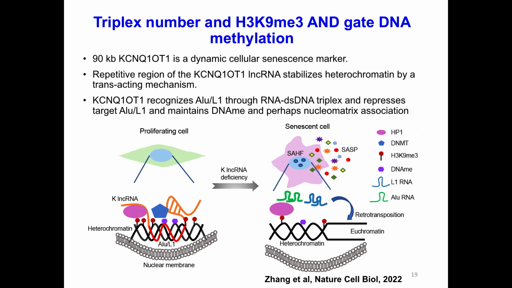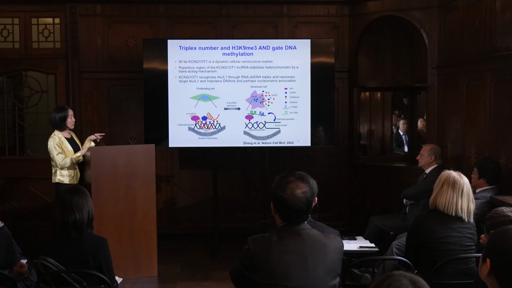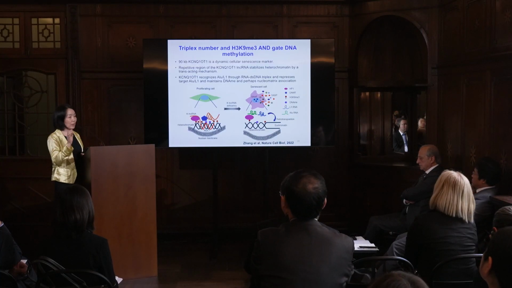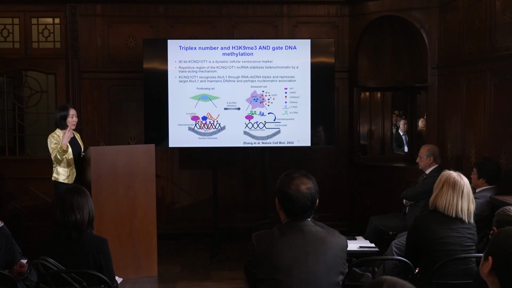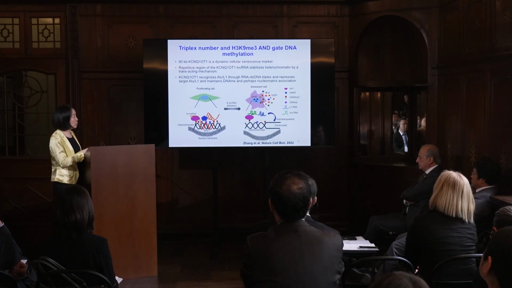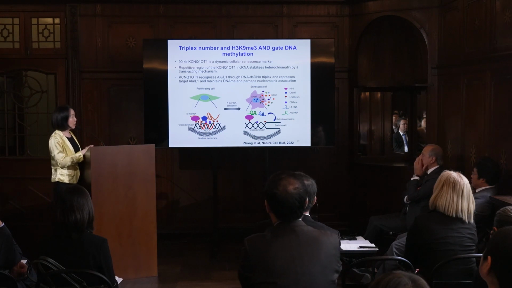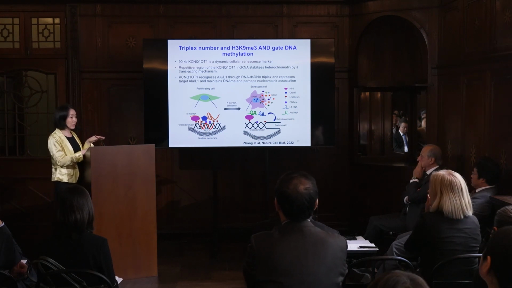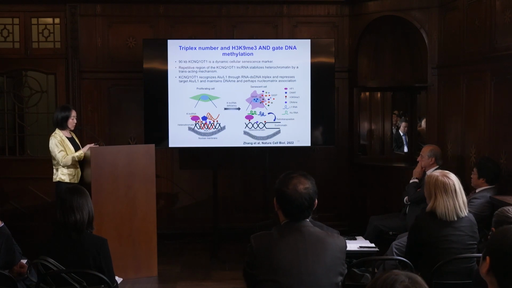For example, there are 1 million copies of Alu elements in our body, and for the L1 elements, there are 500,000. If they are activated, they will jump all over the genome and basically damage our DNA. What we found was that this lincRNA specifically recognizes those L1 and Alu elements that can still be active, the evolutionarily young ones, and keeps them in the repressed state by recruiting repression machinery.